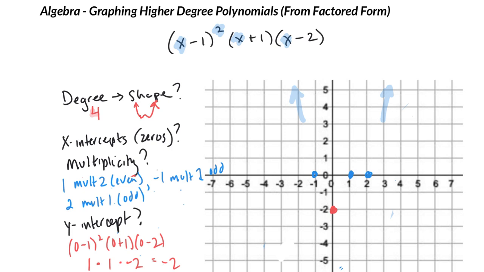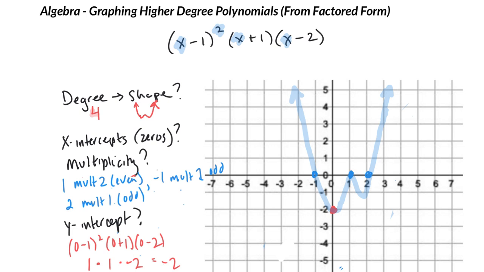We're going to cross through negative 1, so we're going to go like this. Of course, we've got to hit our y-intercept. We're going to go up, touch but not cross through because that had even multiplicity, and then cross through 2 like that. Again, we may not have all of the values correct, but we have a really good sense of where the graph is based on the shape with the degree and the x-intercepts and y-intercept.